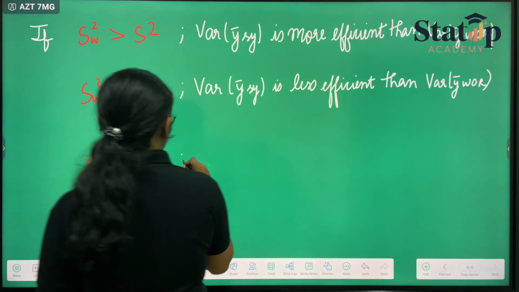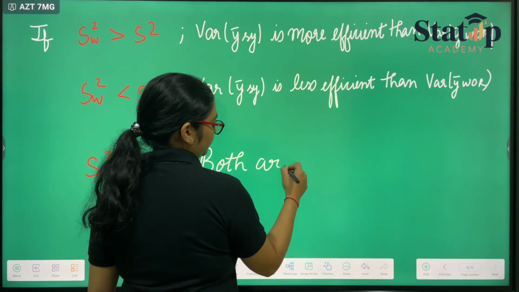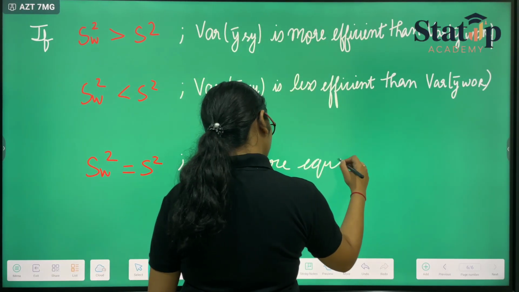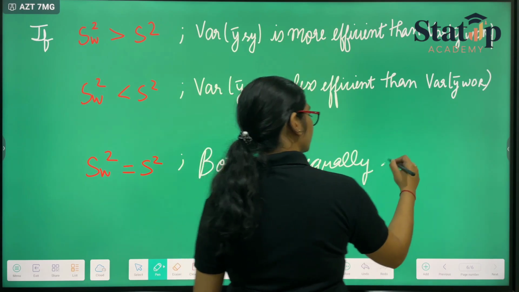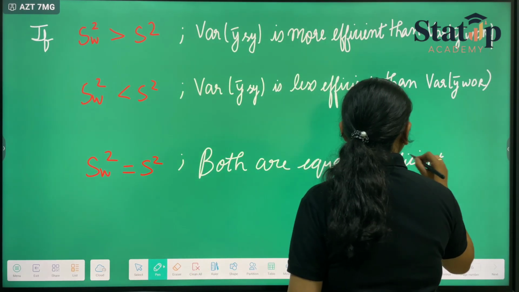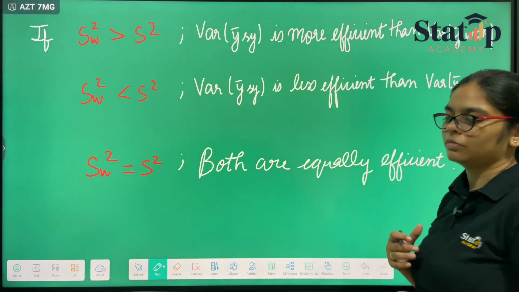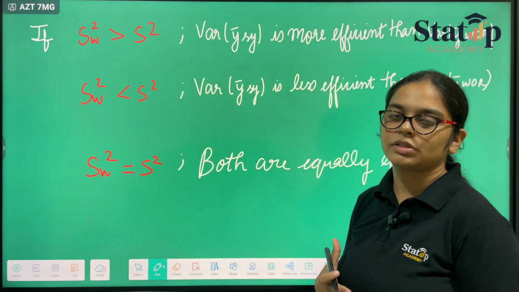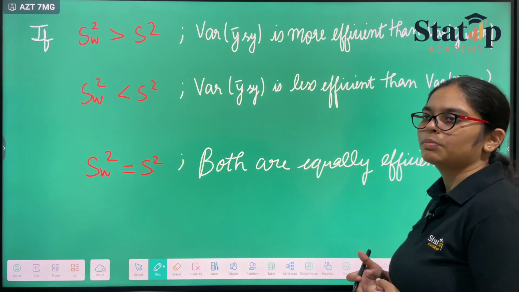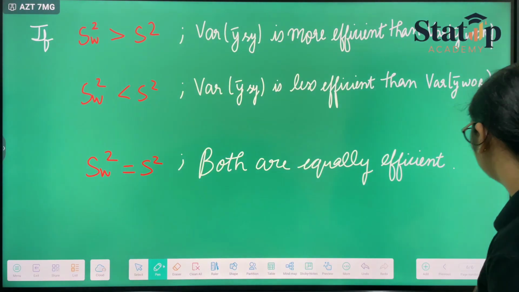And here both are equally efficient. So this is to check between the efficiencies of variance of simple random sample without replacement and systematic sample.